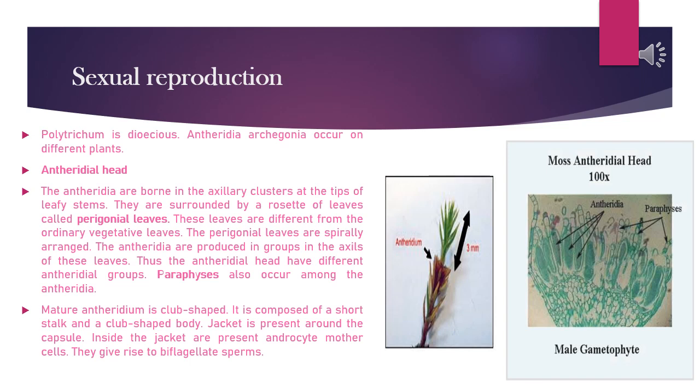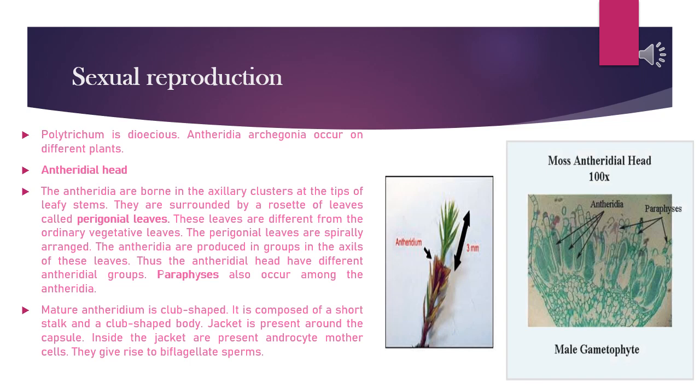Okay, so in Polytrichum also we will come across sexual reproduction, which occurs by the formation of male and female reproductive structures, called antheridia and archegonia respectively. Polytrichum is dioecious. It means that the antheridia and archegonia occur on different plants.